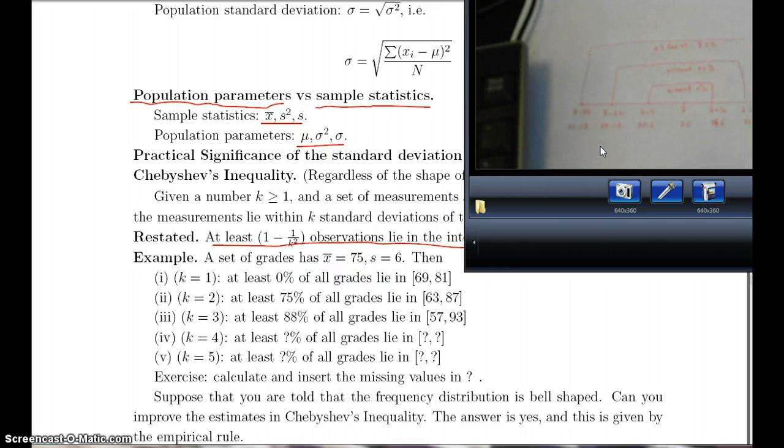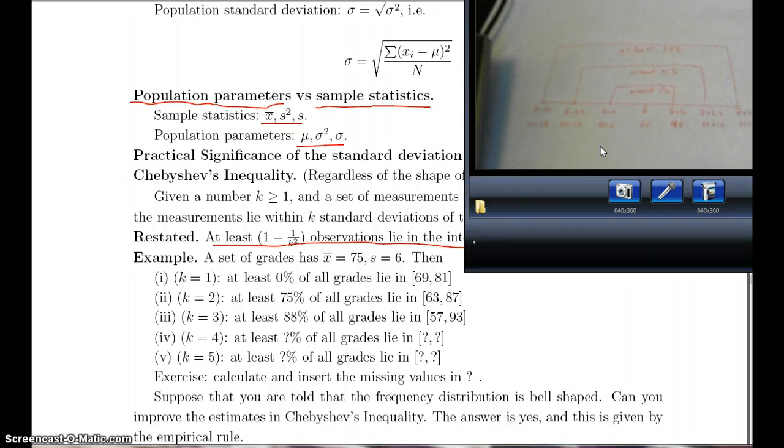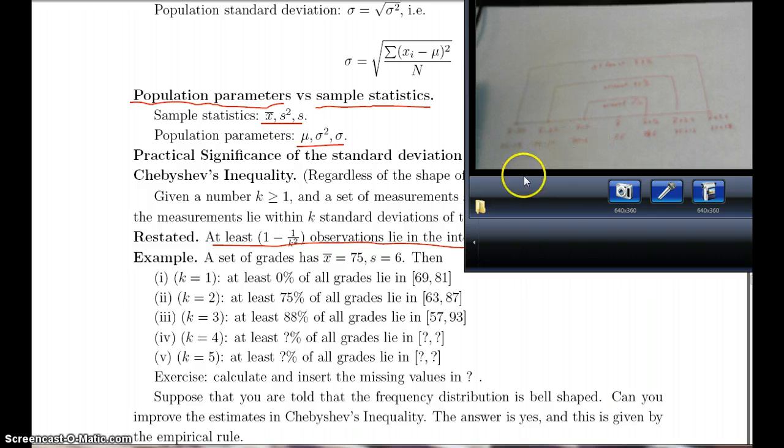What kind of numbers would I get? What can I say about the data? Once you add that new condition, that the frequency distribution is bell-shaped, we can improve those numbers of Chebyshev significantly, and that's what we call the empirical rule.